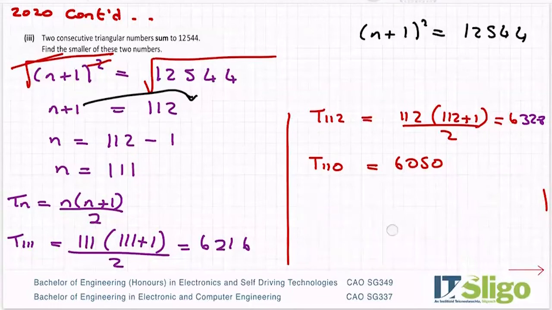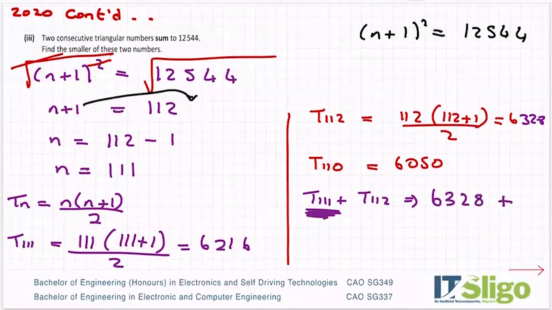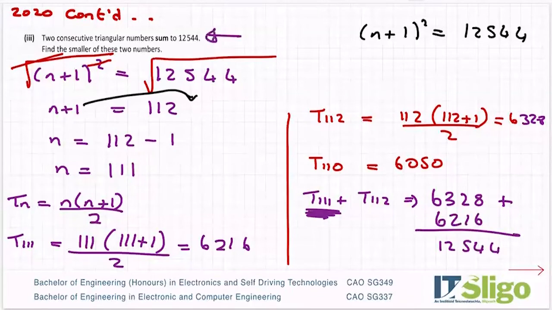All right, surely one of them had to work. And the one you'd expect to work is not T110, guys. It is T111 plus T112, because T111 has to be the smaller number. So what I was trying to show you there was find out what T112 is, add these two together, and just convince yourself that the sum of the two consecutive numbers is 12544.